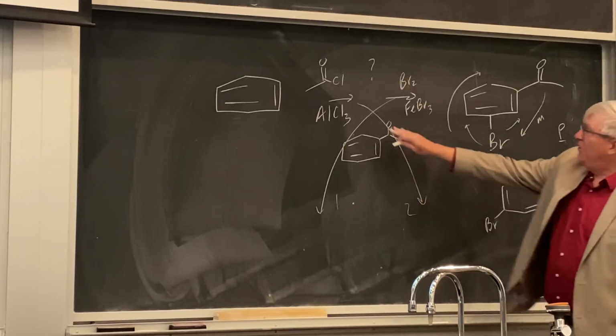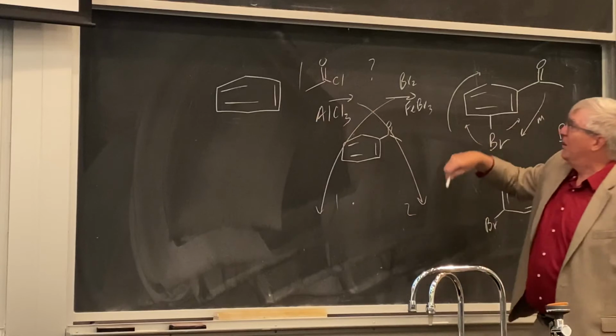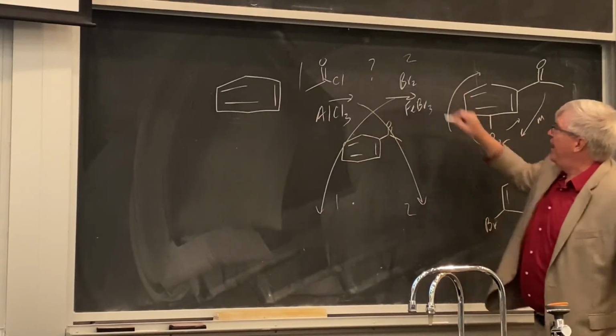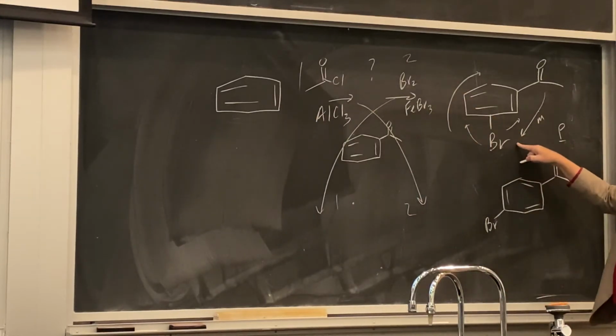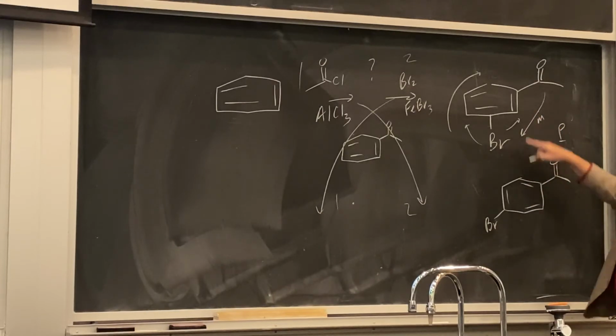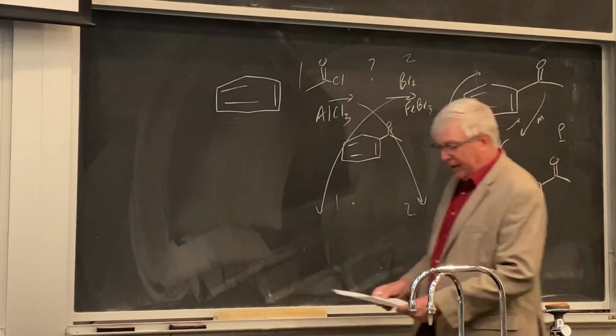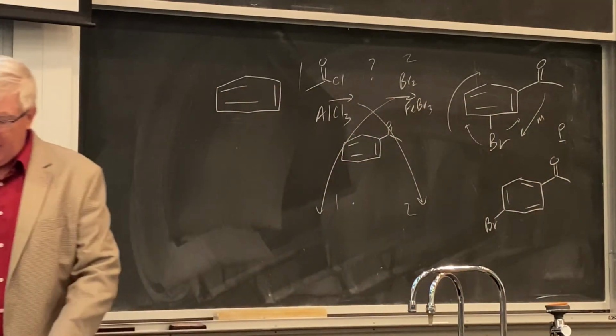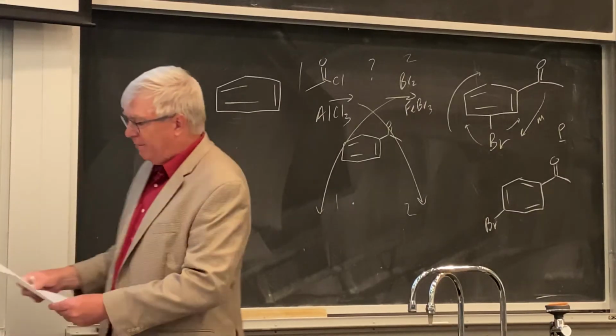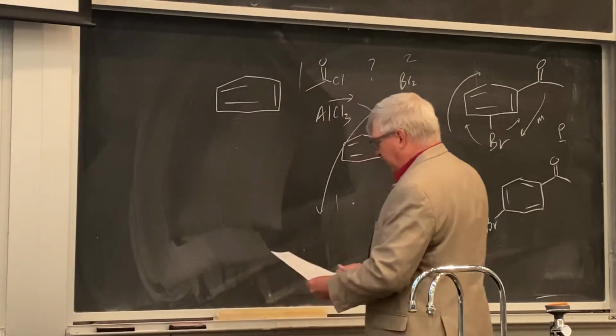But if we do it in this order, Friedel-Crafts acylation first and then bromination, look, then we get the correct one. But that changes the products, okay? So when we give you a product that you're shooting for, make sure you carefully examine the selectivity and how that might work, okay?